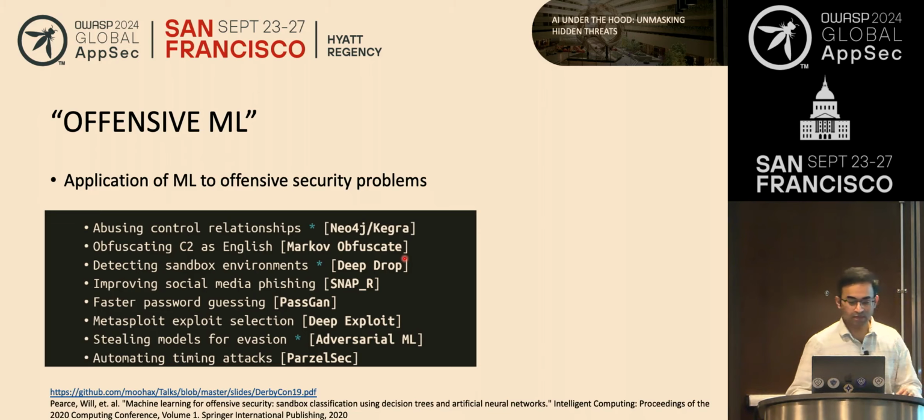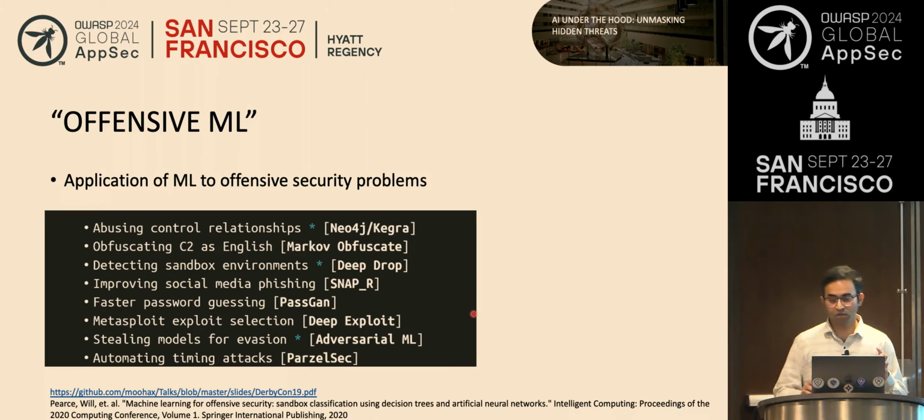And the second example could be, for example, many a times the security vendors will build sandboxes within their applications in order to find out the behavior of the malware. And many of the times the adversary can use this ML model to try to find out what's the environment in which it is operating.